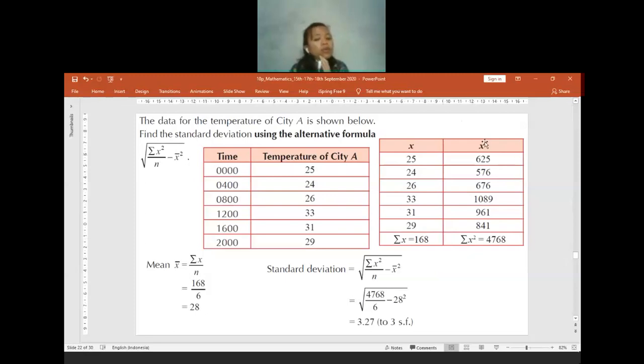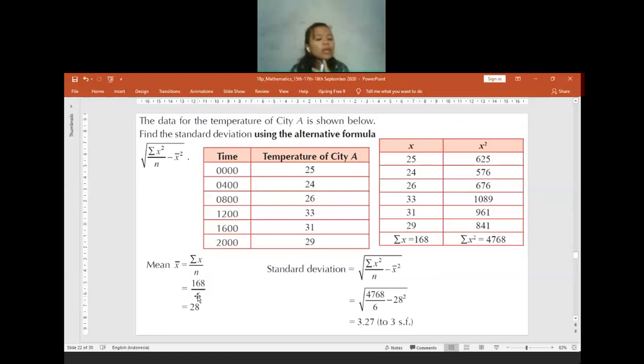After you're done squaring all of them, you can find sigma x squared, which equals 4768. And then for sigma x, because the frequency for each value is only one, 25 times 1 will be 25. You can find sigma x by adding all of them, which equals 168.